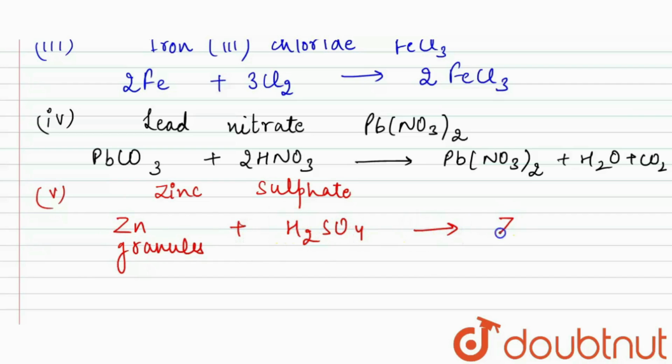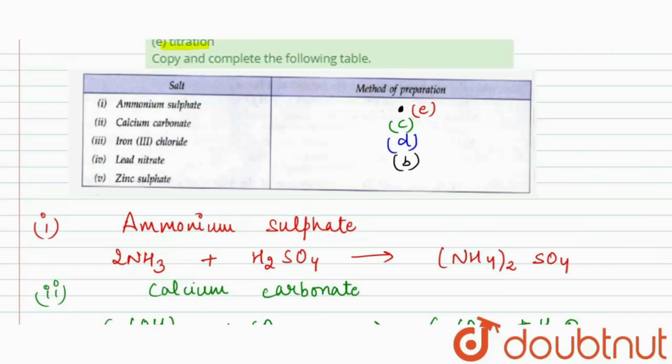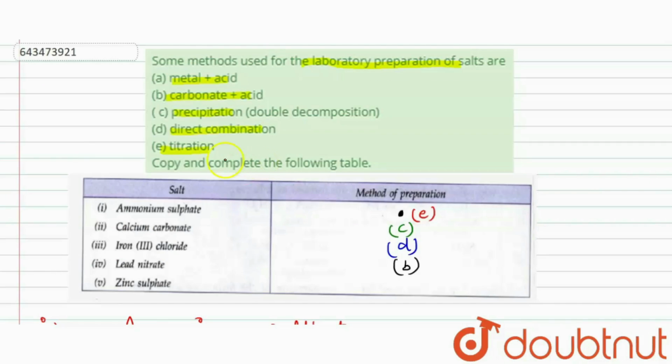It leads to the formation of ZnSO4, zinc sulfate, and hydrogen gas is liberated. So here we have metal plus acid, which is A. Now we have completed the table with the methods of preparation for the salts. So this is our answer.